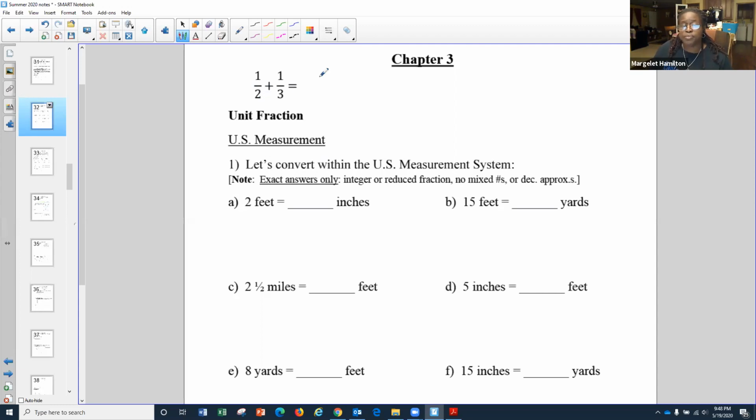So in the form of 1, I'm going to take this 1/2 and multiply it by 3/3. Remember, when you multiply something by 1, you're not changing the value of the problem, just the appearance of the problem. Then plus 1/3. To make this 3 into a 6, we need to multiply it by 2. So in the form of 1, I'm going to multiply this fraction by 2/2.